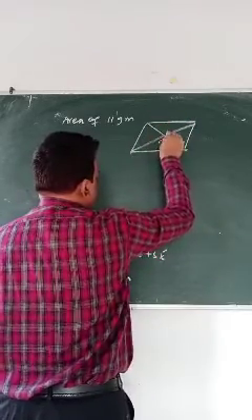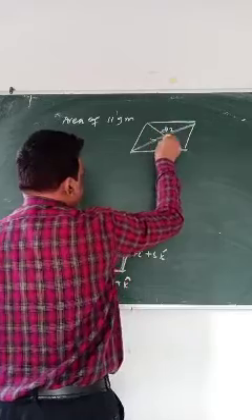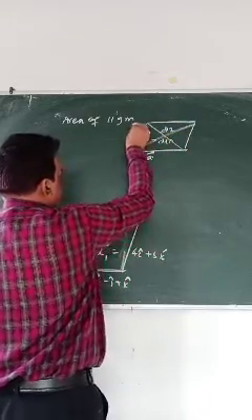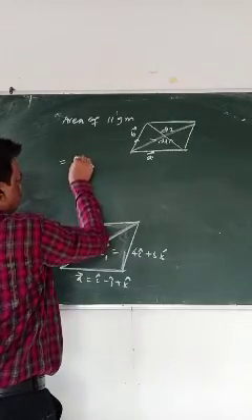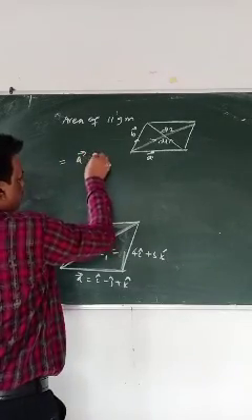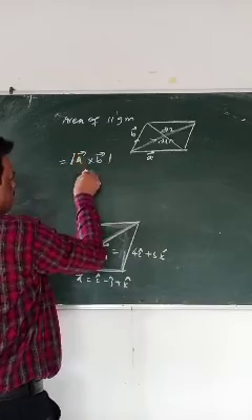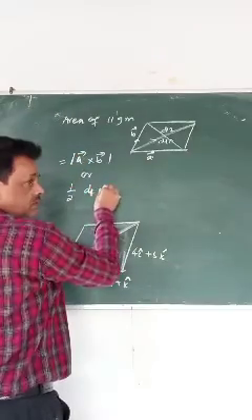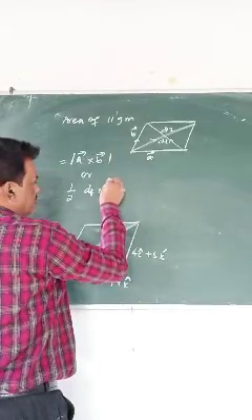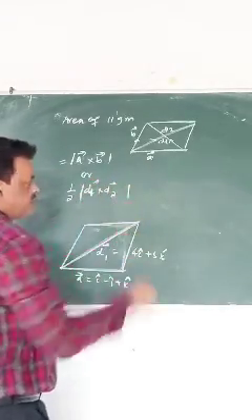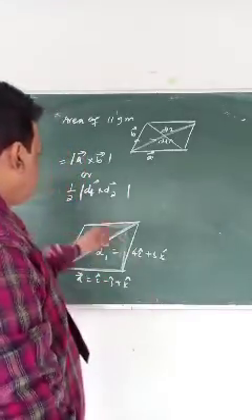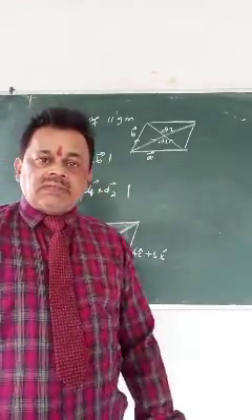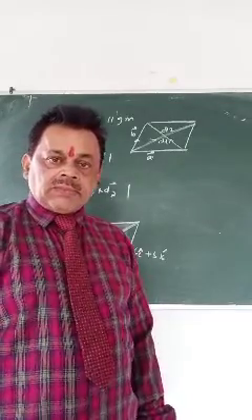This is d1, this is d2, this is a, this is b. Either it is modulus of a cross b or it is half modulus of d1 cross d2. Either of these. Either both the diagonals are given or co-adjacent sides are given.